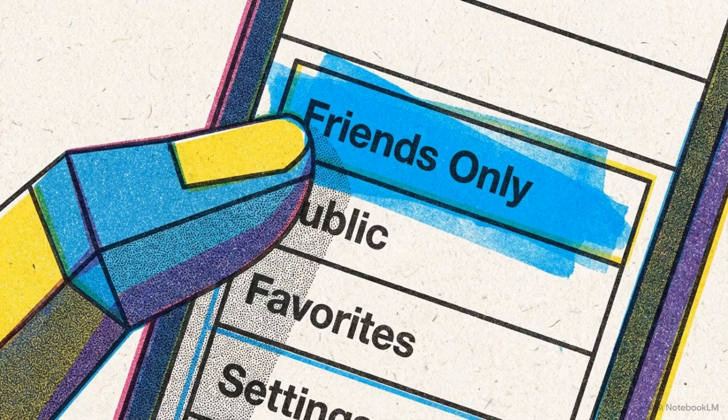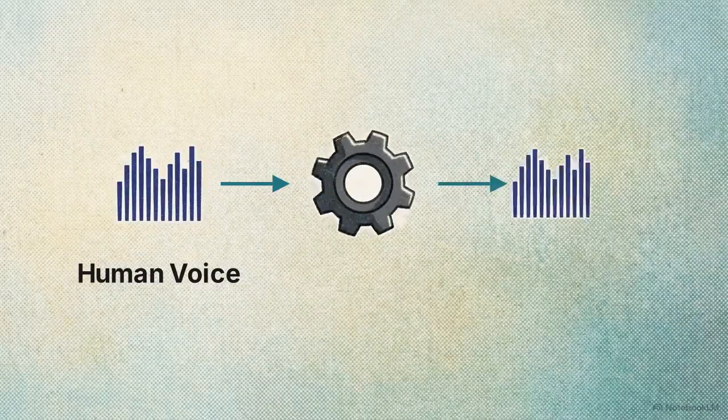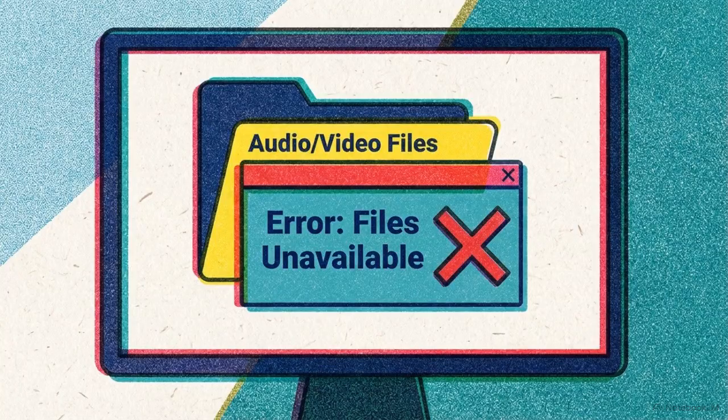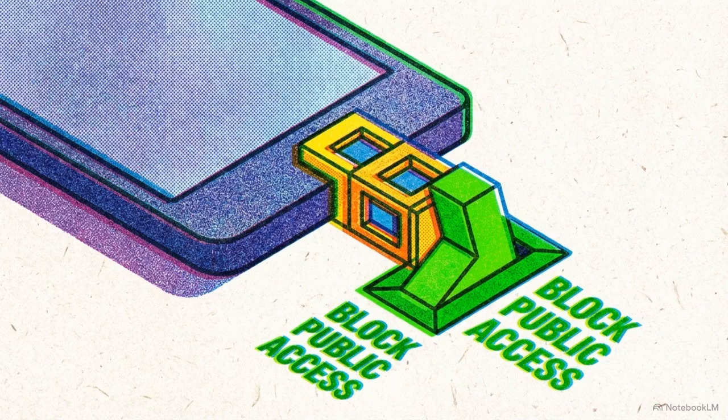Change the audience for all your past and future posts to friends only, or set your overall profile status to private. AI voice cloning software requires a sample of your actual voice to work. If attackers cannot access your raw audio and video files, they cannot generate a convincing replica of you. Your public digital history provides the exact ammunition attackers use to craft their schemes. Restricting access to that data disarms them at the source.